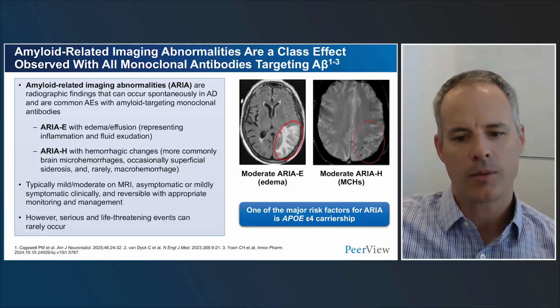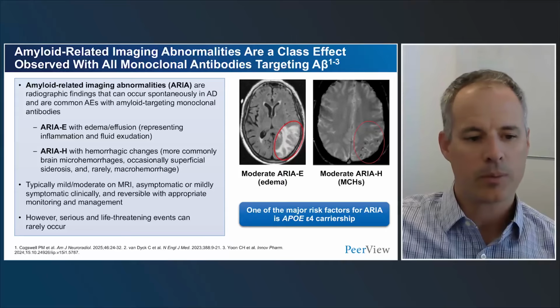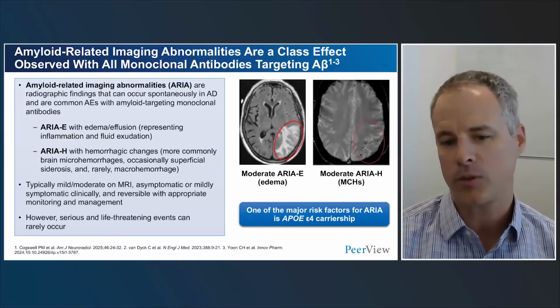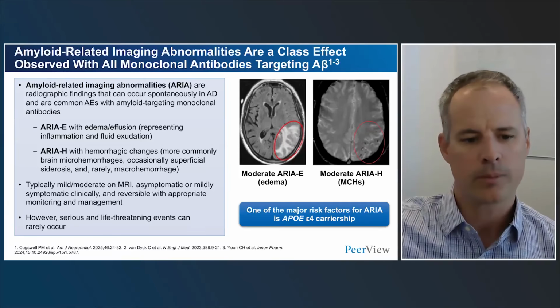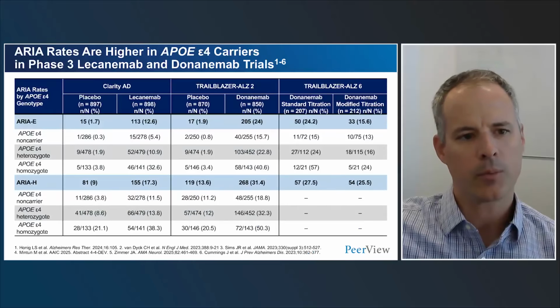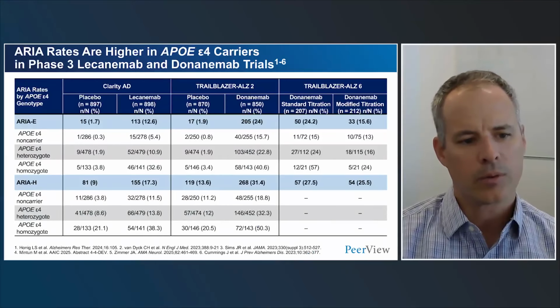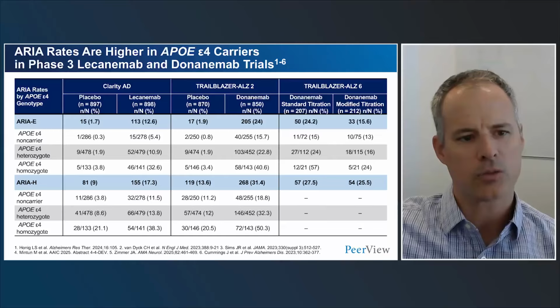So ARIA is something that we really take seriously when we treat people with these drugs, and it's a major concern of ours. And one of the major risk factors for ARIA is APOE4 carriership. So we'll discuss that a little bit more. There's a lot on this slide, but essentially I would direct your attention to the bolded ARIA-E and ARIA-H rates.